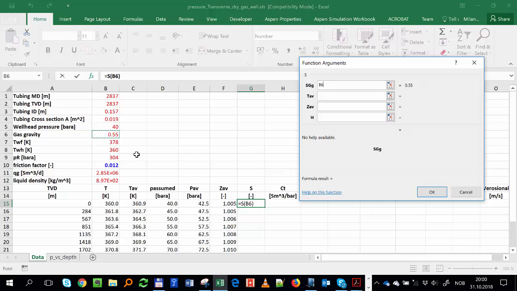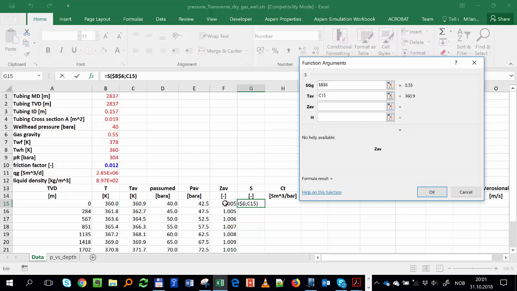You have to find a user-defined function called S, and then I block it. T average, that should be in Kelvin. I take the T average of that segment, and that I don't block because that is going to be different for each segment.